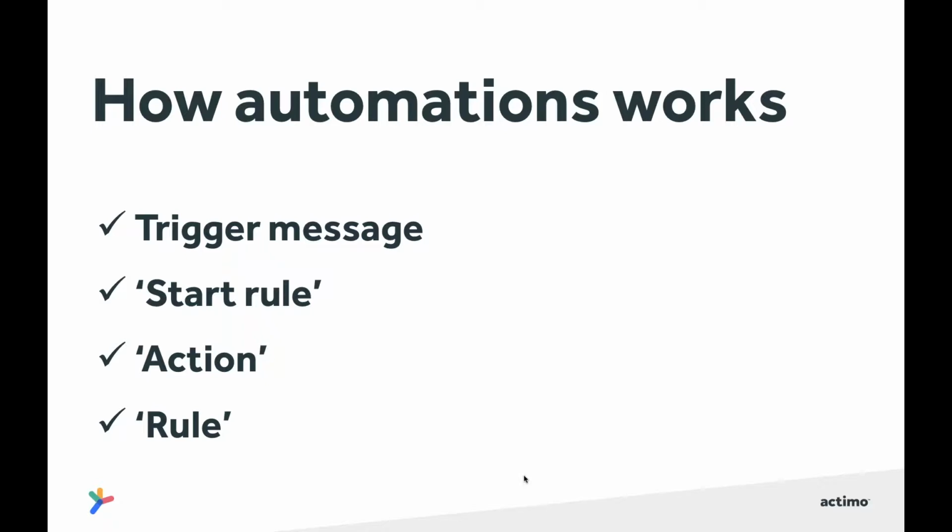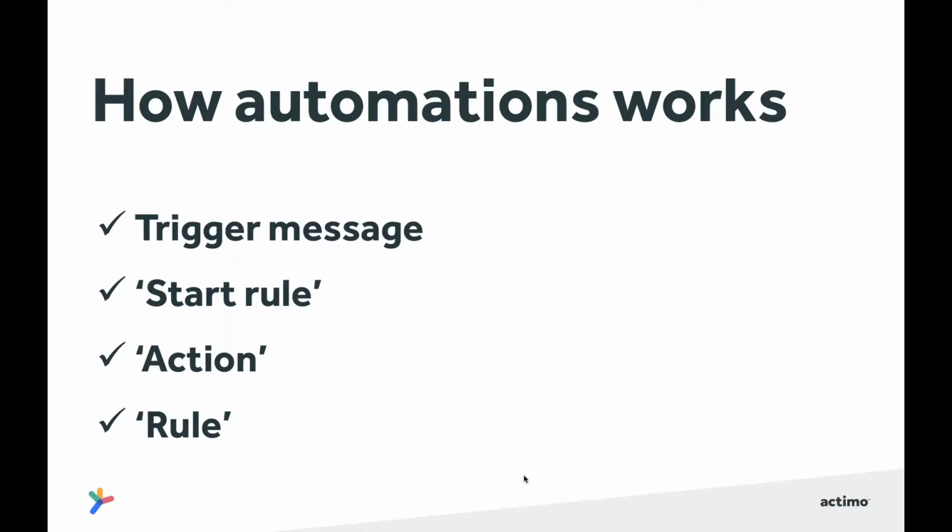You have a trigger message and you have a start rule. Those are the two actions that get the automation rolling. For example, the start rule could be: when the trigger message that you have selected is sent, then the automation gets going.